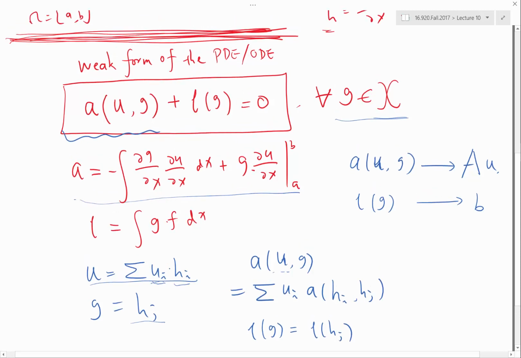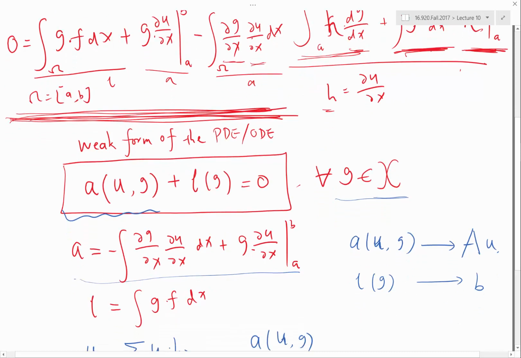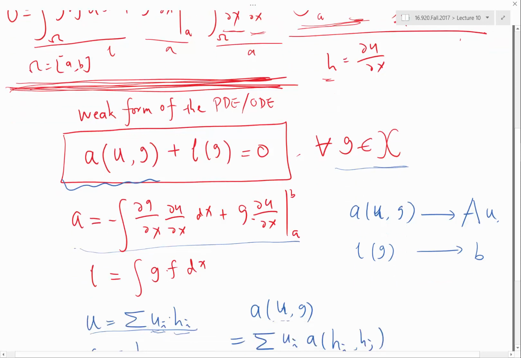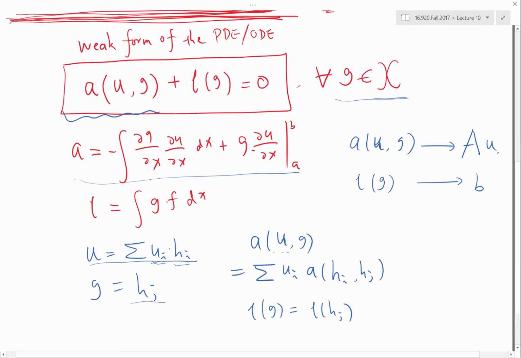Here, for example, G only needs to be differentiable one time, right? Because we need dg dx, but it can still be infinite dimensional. So this is before we make any finite element approximations. And when we go to the blue notation, that is when we go to the finite element approximation and apply the finiteness onto all these linear spaces.